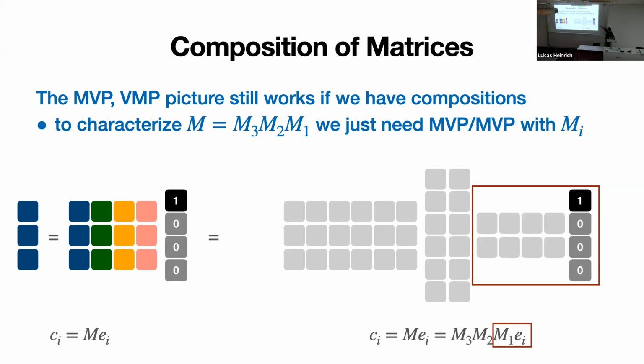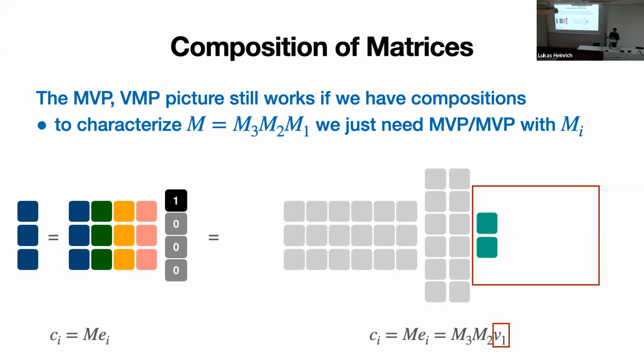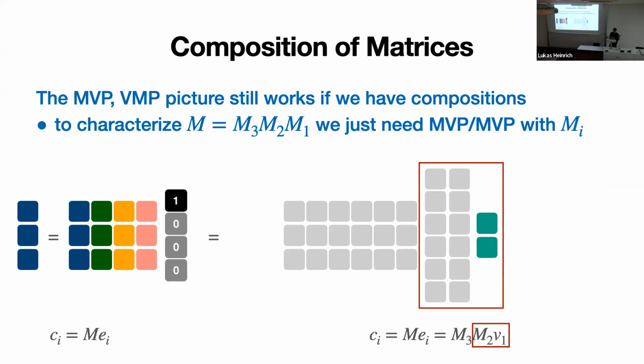We have two rows here, one column vector, so the output is two-dimensional. That's just matrix multiplication. And now we can just go on. We didn't even need to know how to multiply general matrices. We only need to know how to multiply matrices and vectors, which is a more efficient computation.